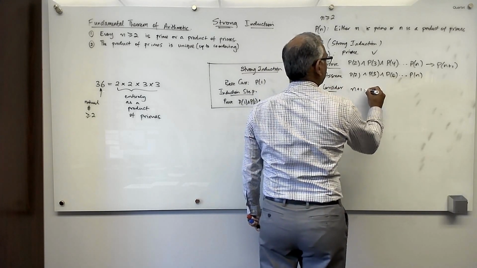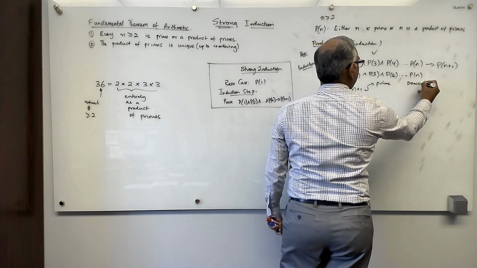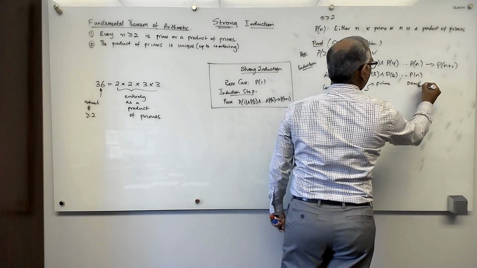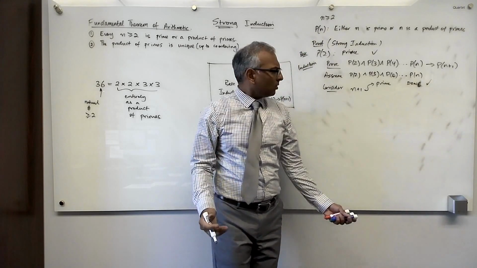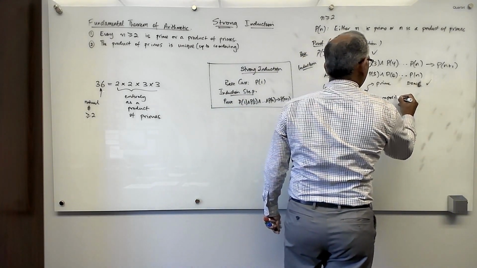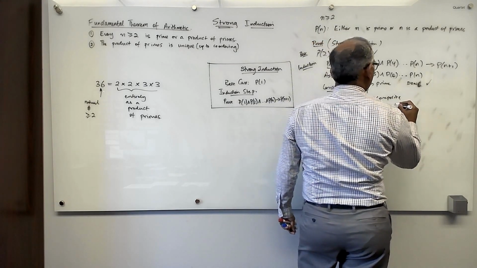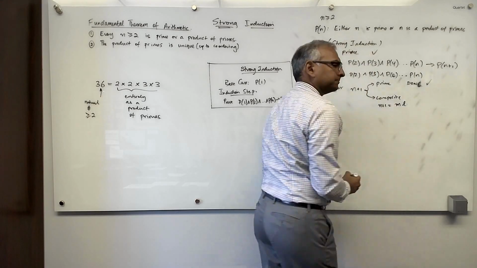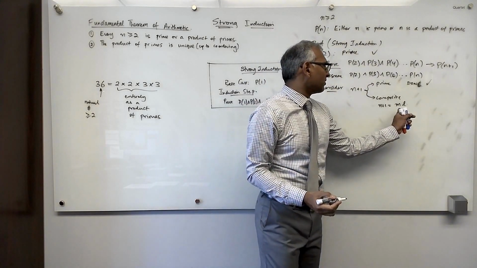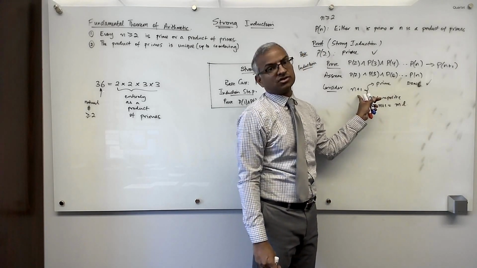n plus 1. It's either prime, in which case you're done. Check mark. Or it's composite. In the case that it's composite, n plus 1 is equal to, let's say, m times L. And I don't need to know anything about m times L except for the fact that they are less than n plus 1 because it's composite.